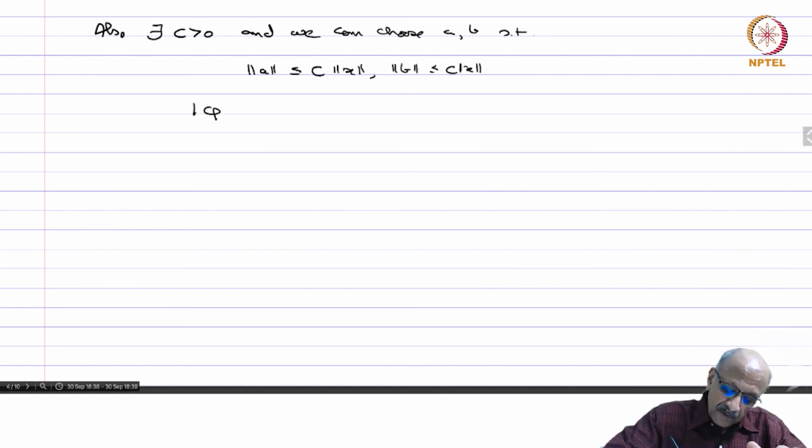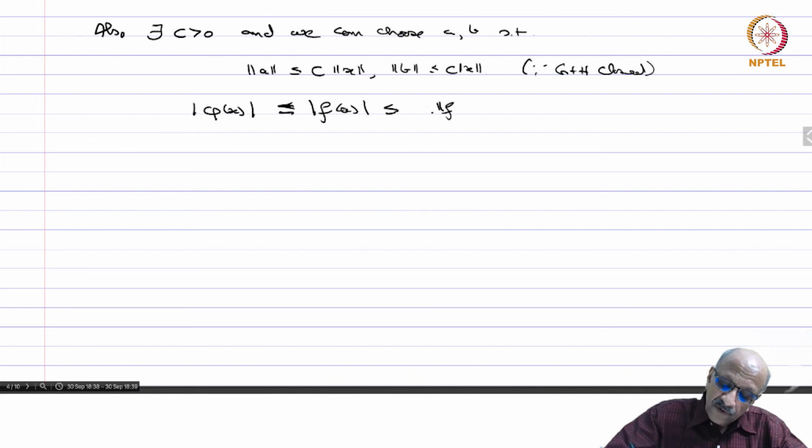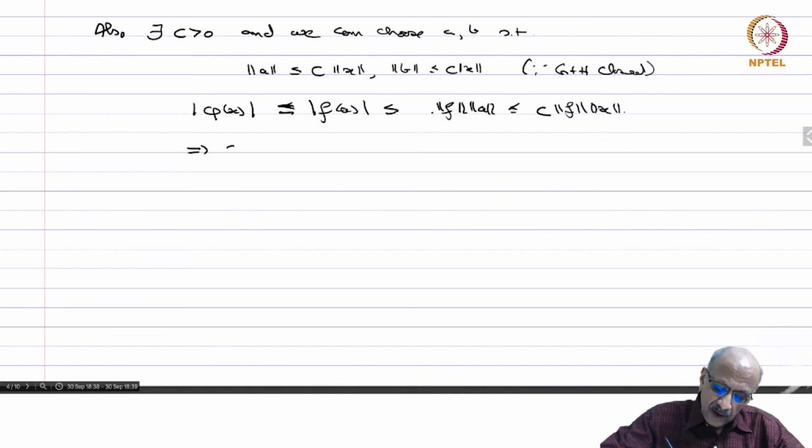Therefore, mod phi of x is less than or equal to mod f of a, which is less than or equal to C times norm f times norm a, which is less than or equal to C times norm f norm x, and therefore phi is a continuous linear functional on G plus H.